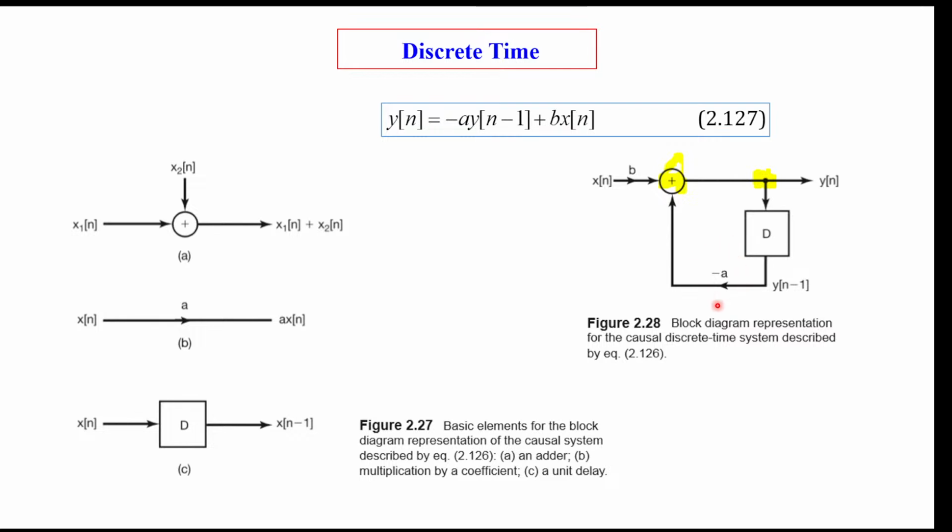Then you multiply by minus a. So at this addition you are adding b x of n plus minus a y of n minus 1. So you see that at this addition, y of n equals minus a y of n minus 1 plus b x of n.